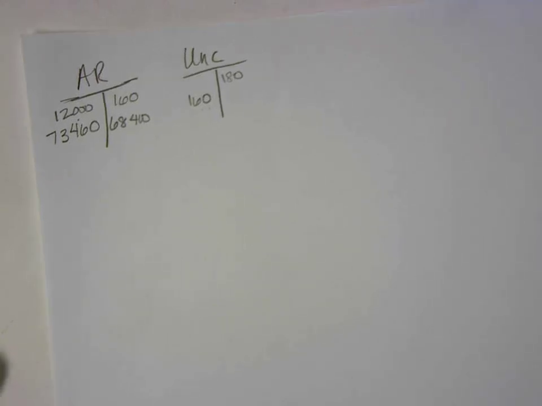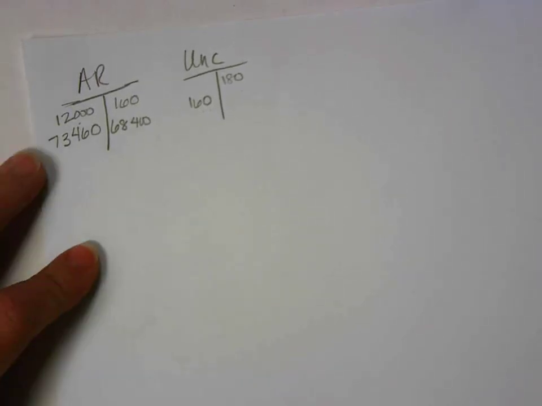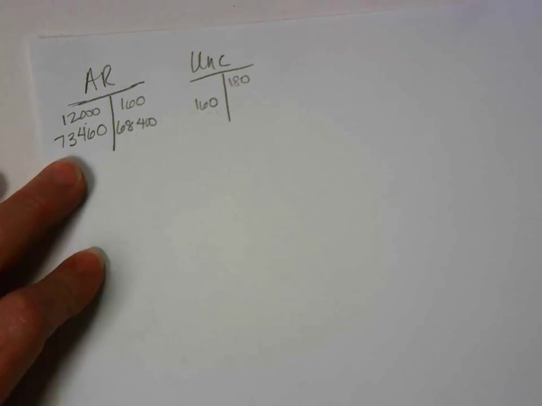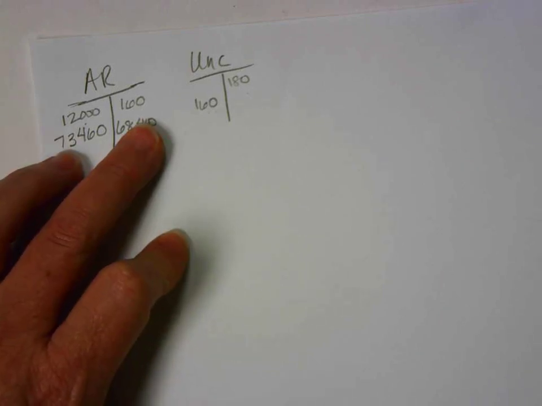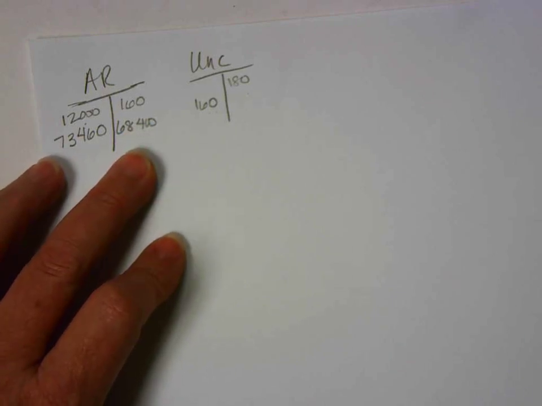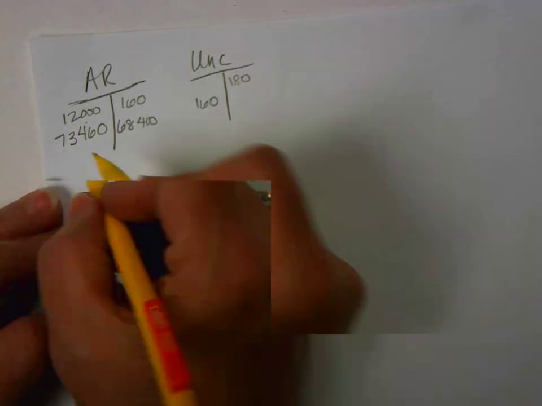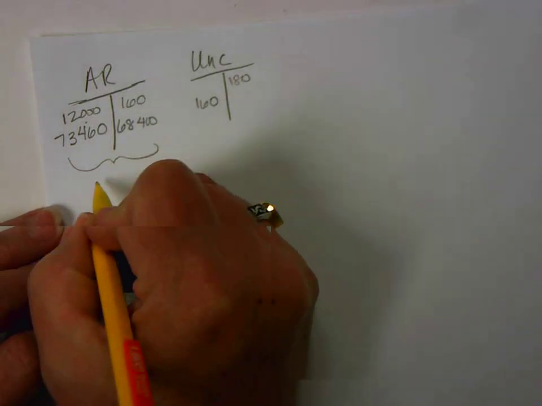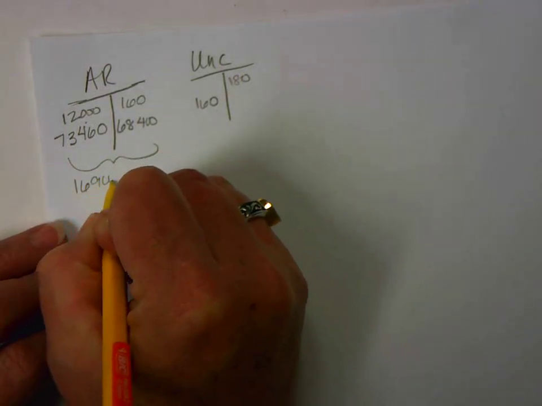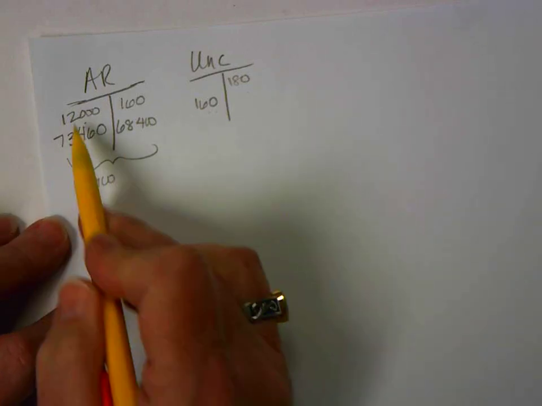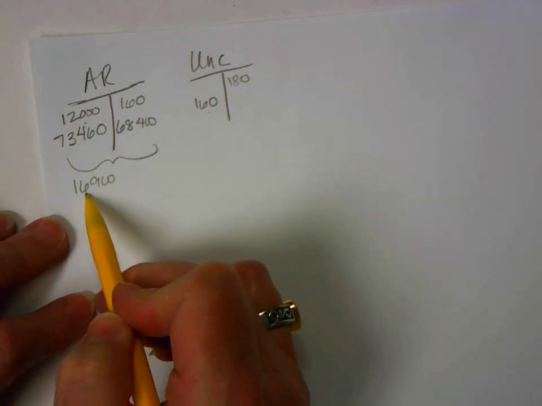All right, so just figuring out what my T's look like now. 12,000 plus 73,460 minus 160 minus 68,400. Okay, so the balance here will be 16,900, right? So that's what I'm going to have as a balance in my accounts receivable now.